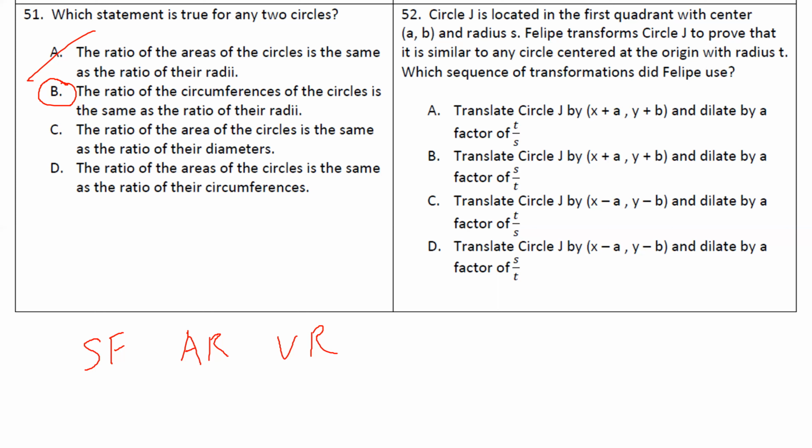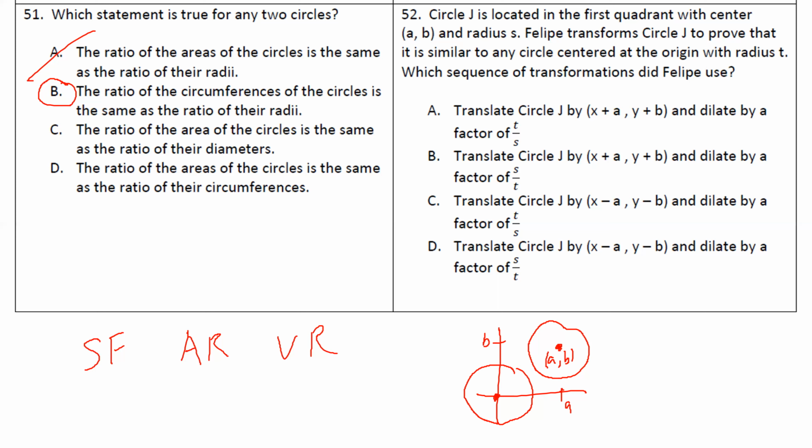So on here, if I had a circle somewhere over here in the first quadrant with a center point at, what was it, A, B. So that means that the X value is A, the Y value is B. The other circle that we're going to is over here, centered at the origin. So we need to get this circle onto this other circle. How do we do that?